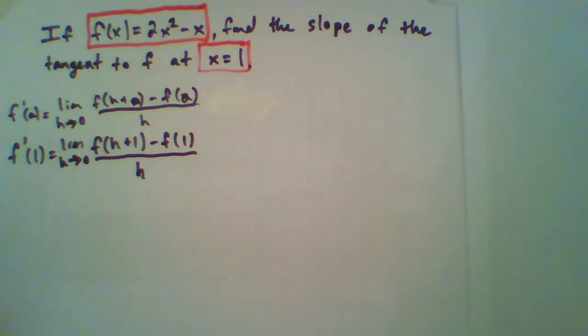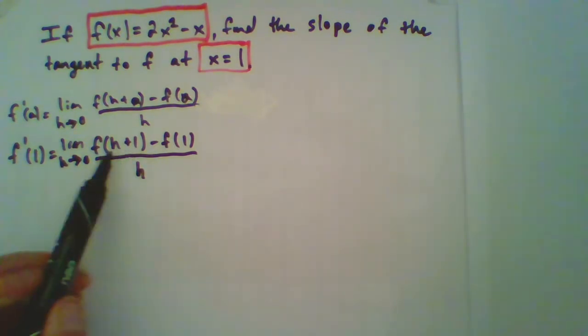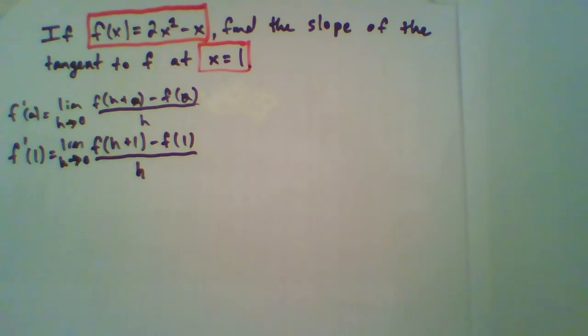The hard part is now we have to use this h plus 1 as the input into our function. The function is here. This one's a little bit more complicated. So again, everywhere we see x, we have to use h plus 1 as the input. So I'm going to write that out.